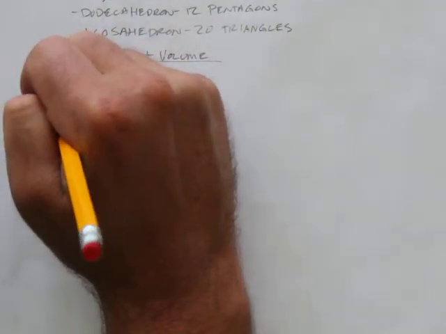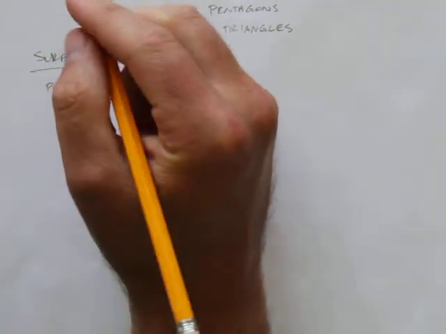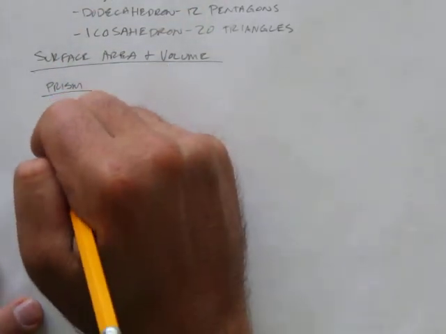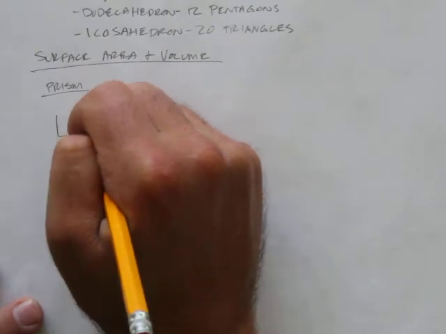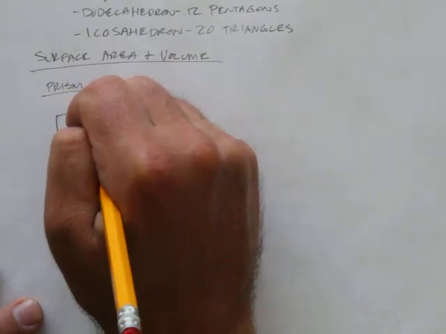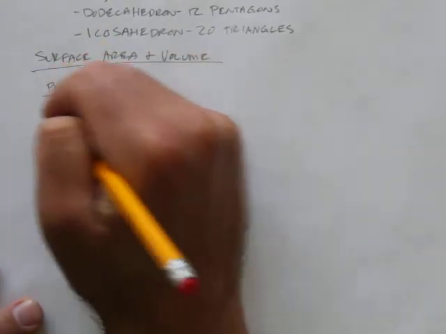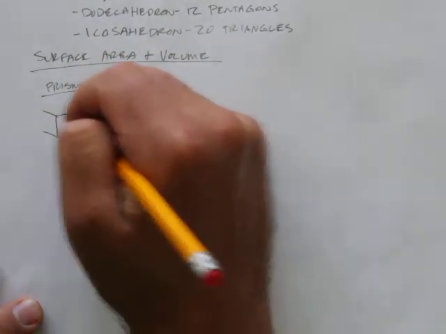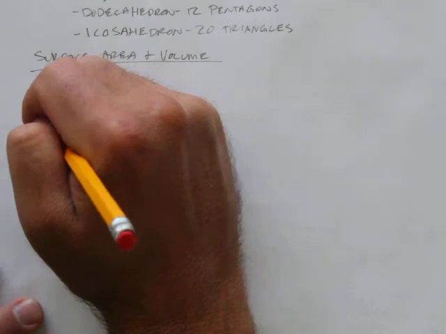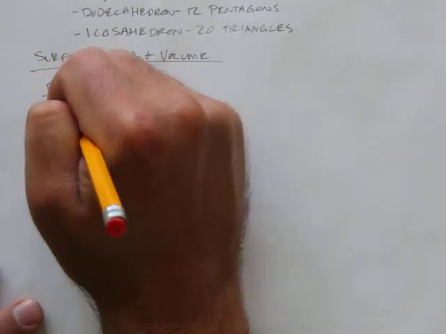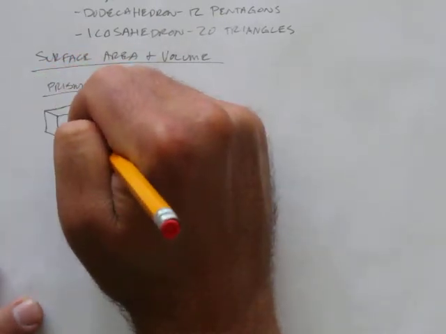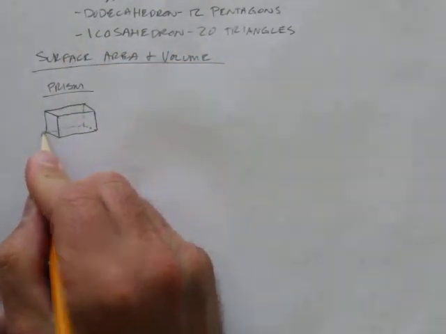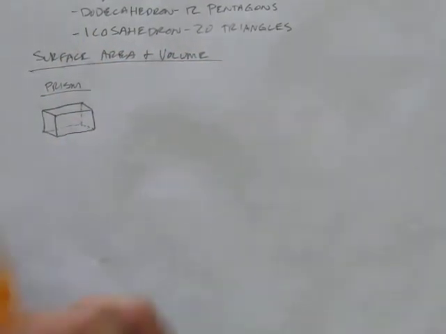So a prism. We're going to draw a prism. All right, we have a rectangle, and we're going to draw some lines going off the back here. They should be the same angle and the same length. Then we connect these, and another one back here, and then we connect those. We have a prism.